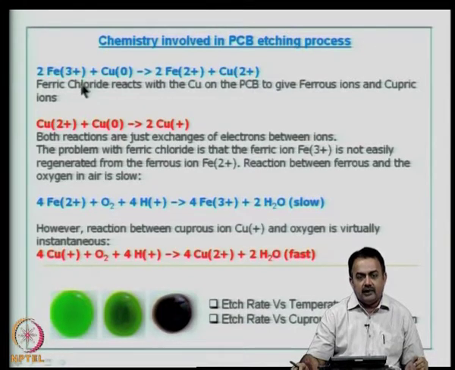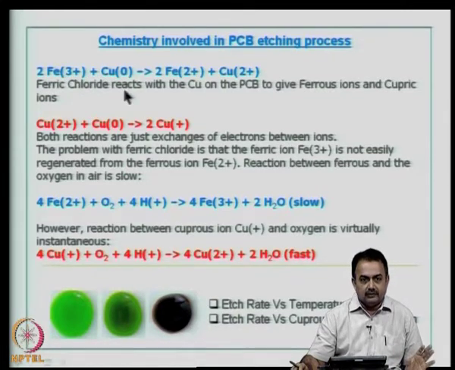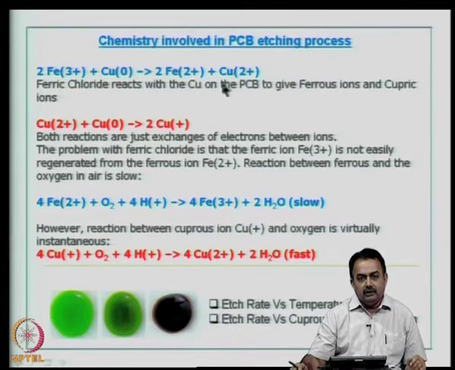So, ferric chloride reacts with the copper on the PCB to give ferrous ions and cupric ions. Now, this concentration will keep on increasing, and you will see that the ferric ion concentration will keep on reducing. That is why the rate of etching gradually decreases.